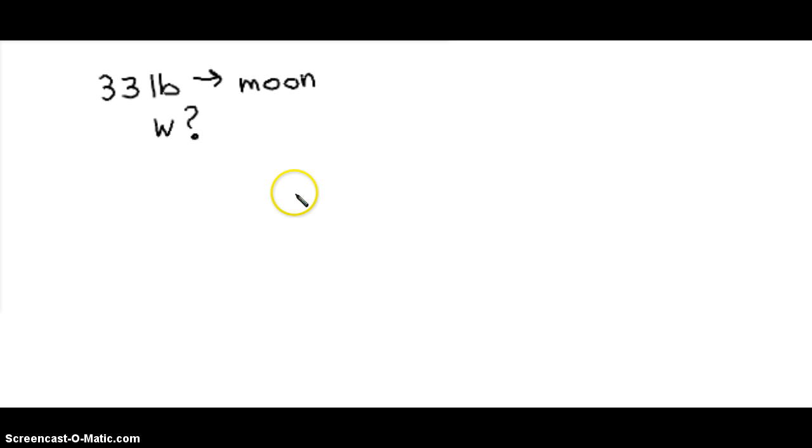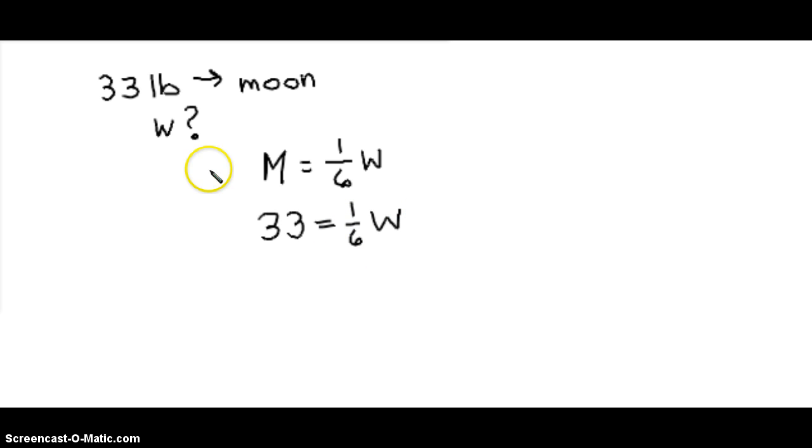We'll call that value W, what it weighs on the Earth. Well, we know that the weight on the moon, we'll just say m, is equal to 1/6 your weight on Earth, so we'll call that W. We set 33 pounds equal to 1/6 the weight on Earth to figure out what it weighs on the Earth.